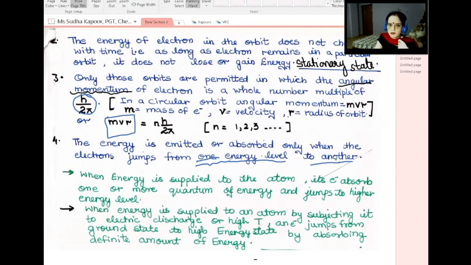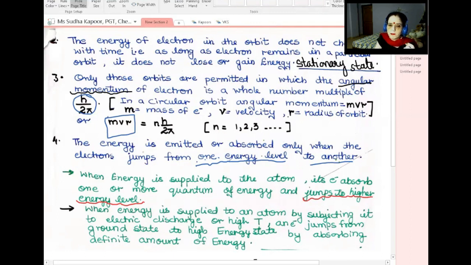It can also be explained in terms that when energy is supplied to the atom, its electron absorbs a fixed quanta of energy, that is a fixed bundle of energy, and it jumps to the higher energy level.